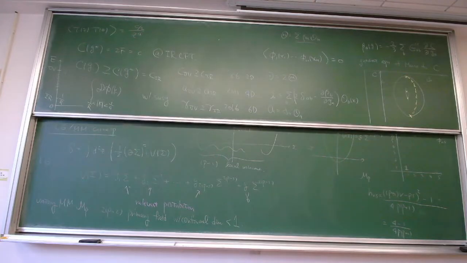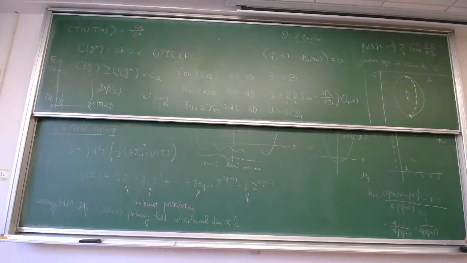Sorry, so the 2 and p cancel, right? And then it becomes 2 squared minus 1, and therefore the conformal dimension of phi 2,2 is 3 over 4 p plus 1.